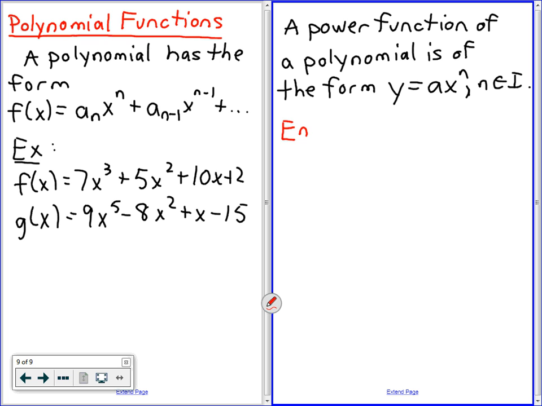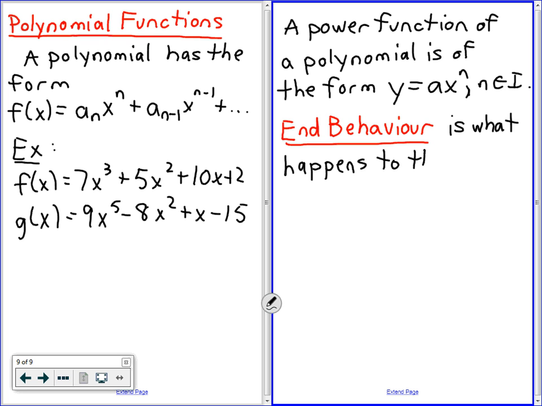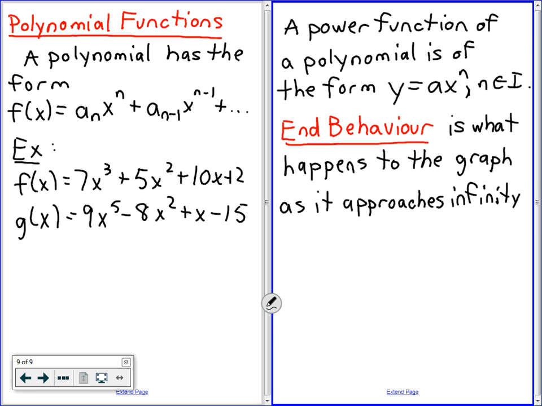End behavior is a big deal in this course. For our function, a is the leading coefficient, a number. End behavior is what happens to the graph as x approaches infinity, or negative infinity.